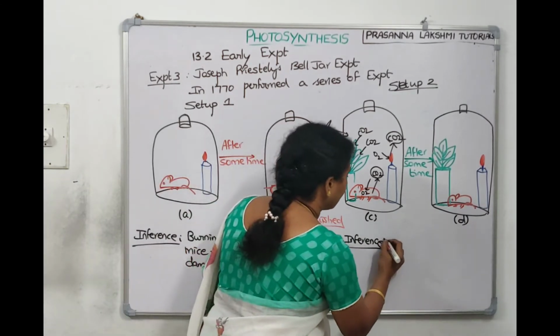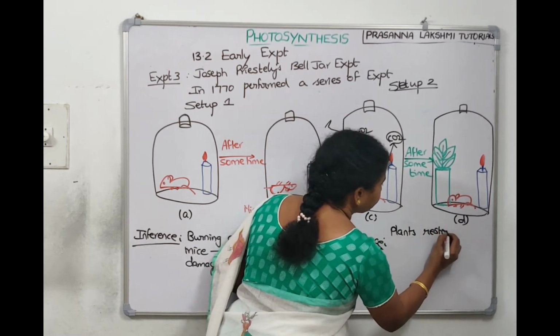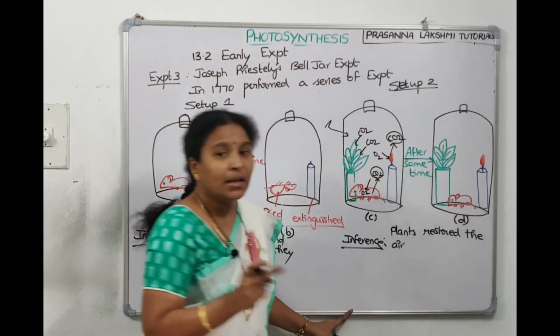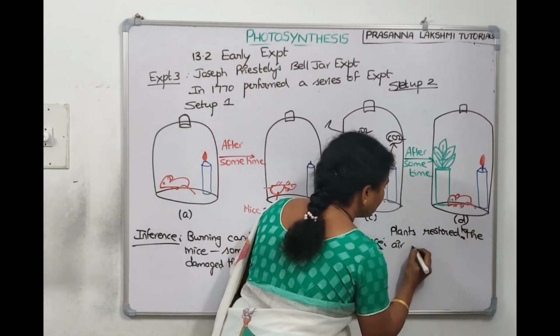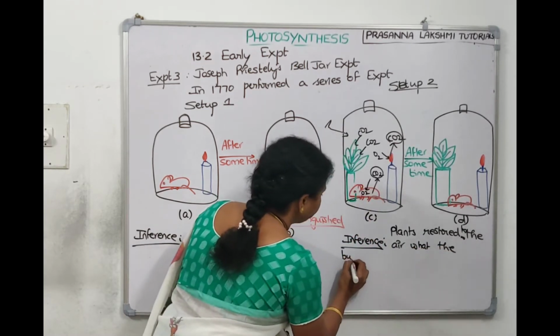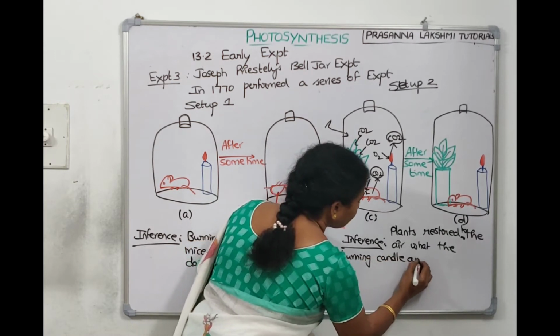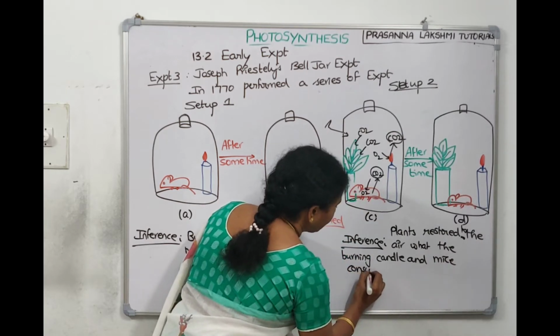The inference here is plants restored the air. What did he tell? He told plants restored to the air what the burning candle and mice consumed.